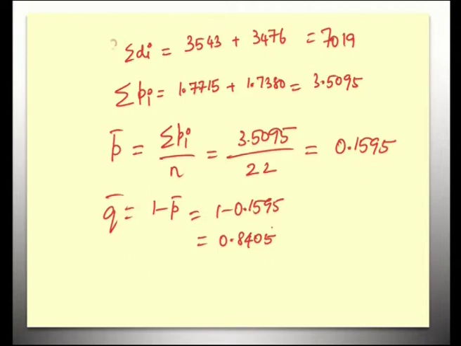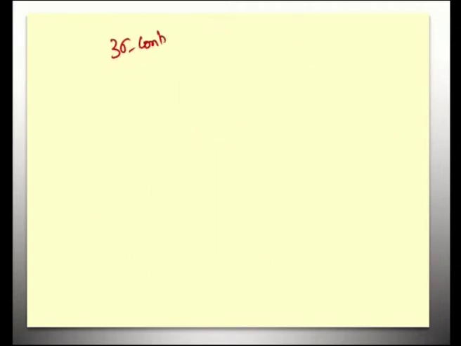Next, the 3 sigma control limits. The 3 sigma control limits for the P chart are given by P bar plus or minus 3 into root of P bar Q bar by n.